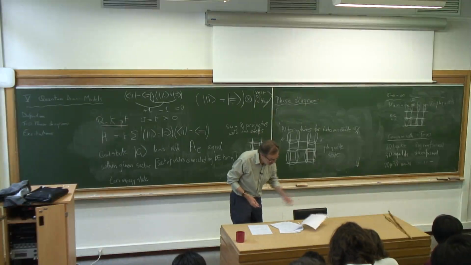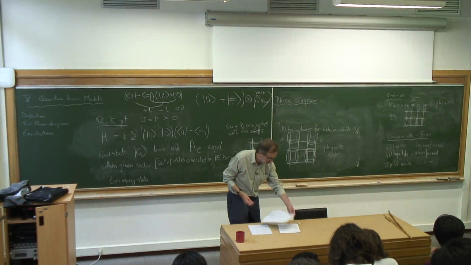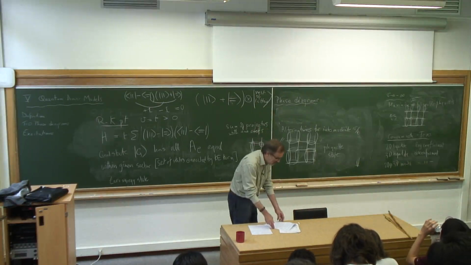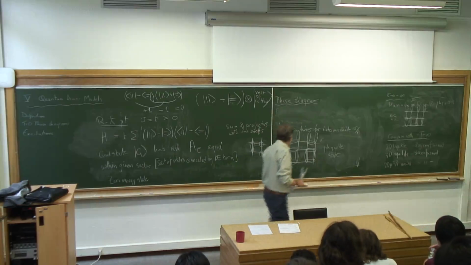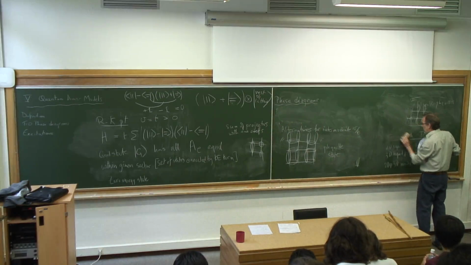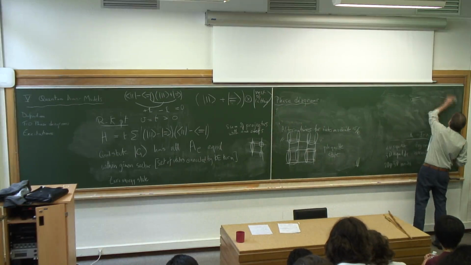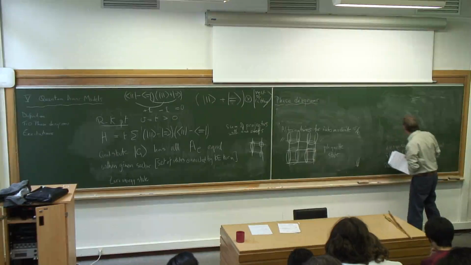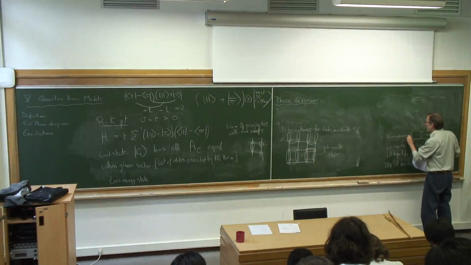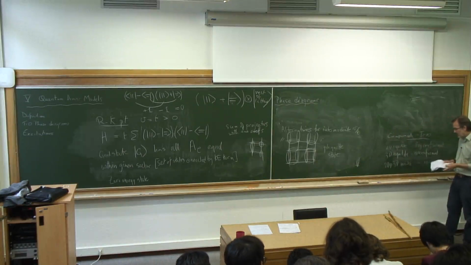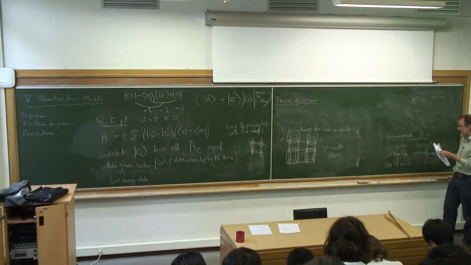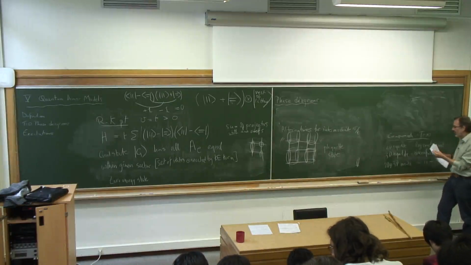Okay, so that was discussing some simple limits, and what we'd like to do now is fill in the phase diagram, and mostly the answer comes from numerics, but let me just give a brief kind of plausibility.